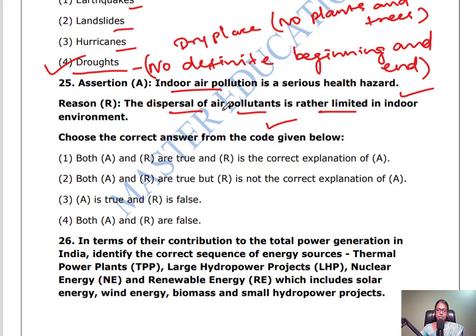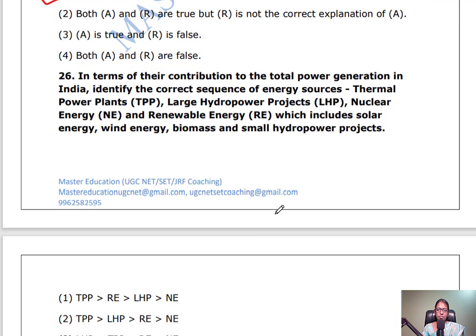Indoor air pollution is a serious health hazard, and the dispersal of air pollution is rather limited in indoor environments. Yes, because of this limited dispersal of air, indoor pollution is happening. So the assertion is correct and the reason is also correct, and R is the correct explanation of A. So option 1, both A and R are true, and R is the correct explanation of A.